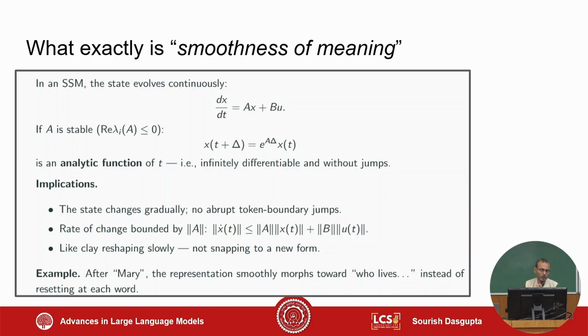The rate of change is bounded by this, which means ẋ(t), the time differentiation of x, is bounded by the norm of the matrix A, which can be the Frobenius norm, multiplied by the norm of x(t), plus the norm of B multiplied by the norm of u(t), right?